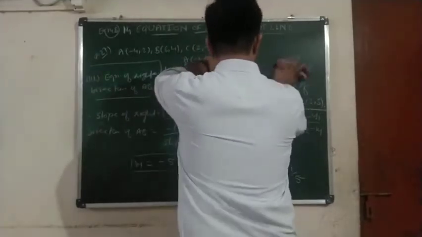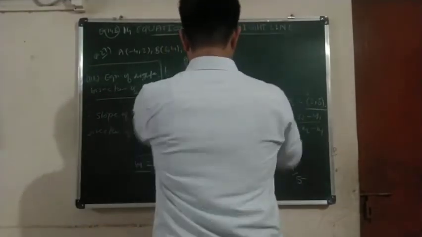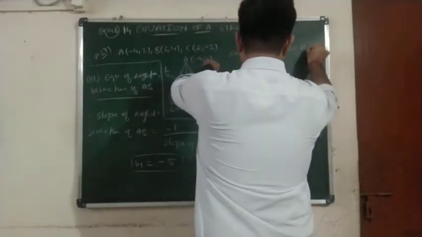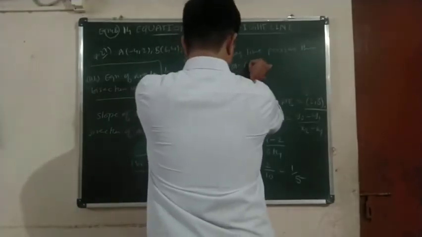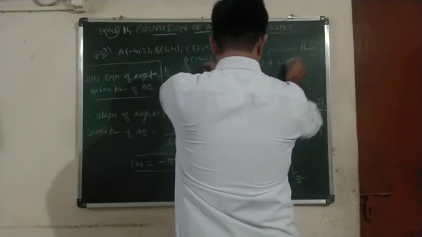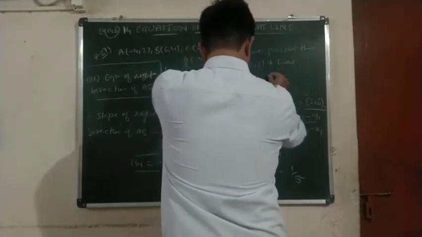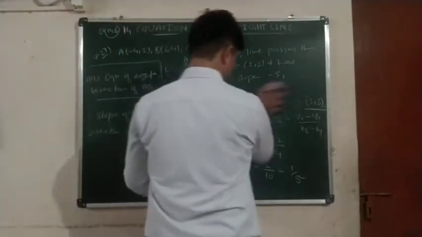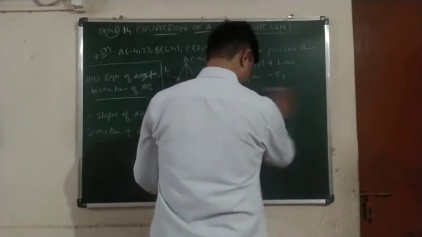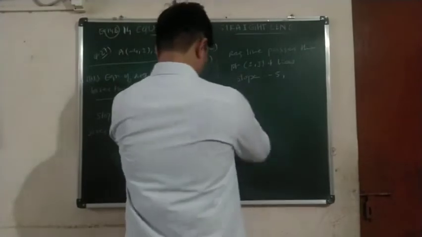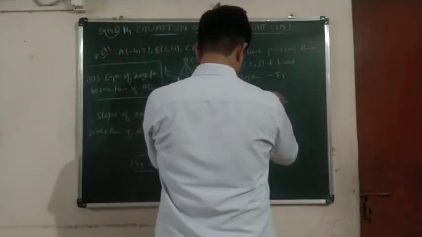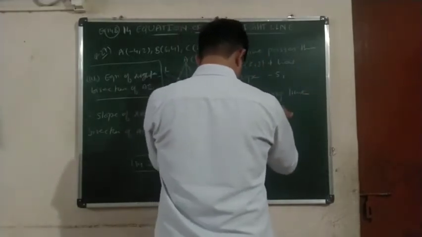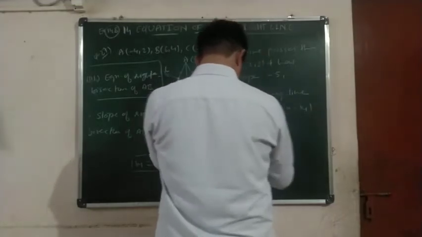The required line passes through point (2, 3) and has slope minus 5, and therefore the equation of the required line will be y minus y1 is equal to m into x minus x1.